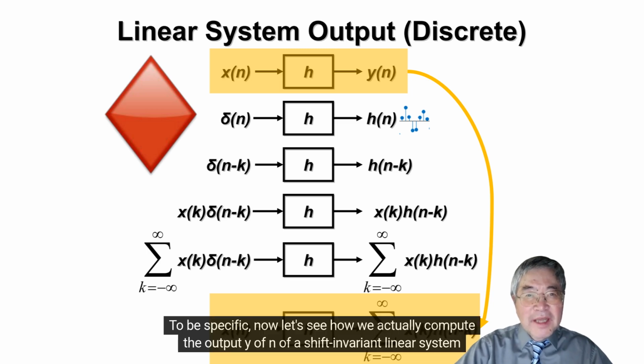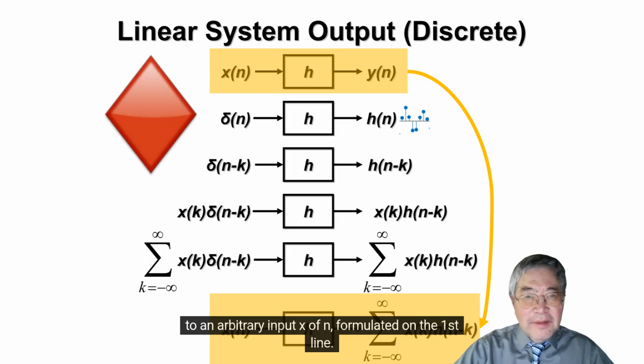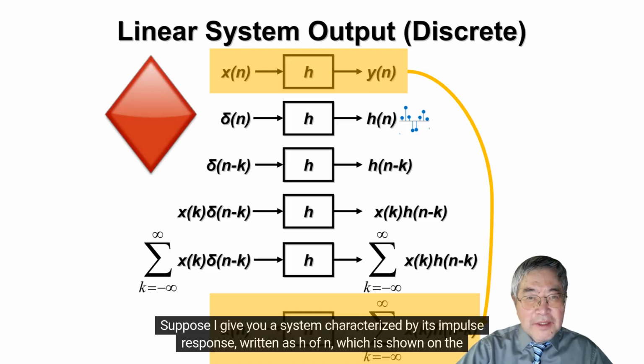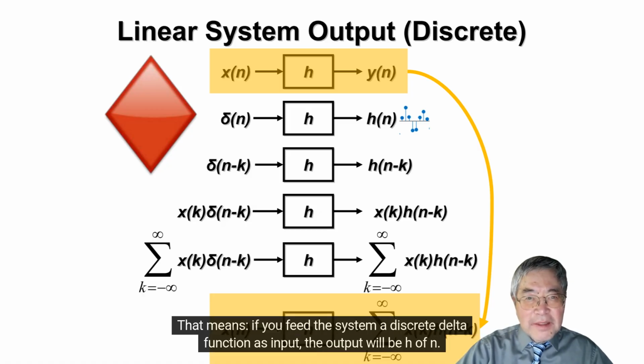To be specific, now let's see how we actually compute the output y of n of a shift-invariant linear system to an arbitrary input x of n formulated on the first line. Suppose I give you a system characterized by its impulse response, written as h of n, which is shown on the second line. That means if you feed the system a discrete delta function as input, the output will be h of n.